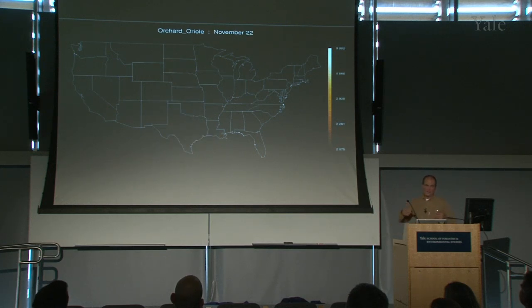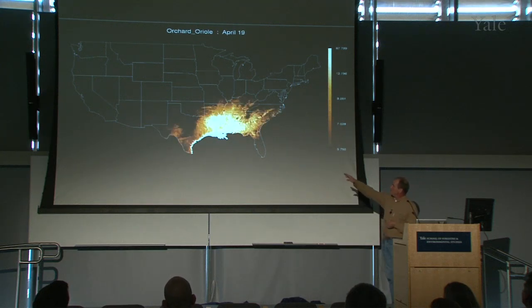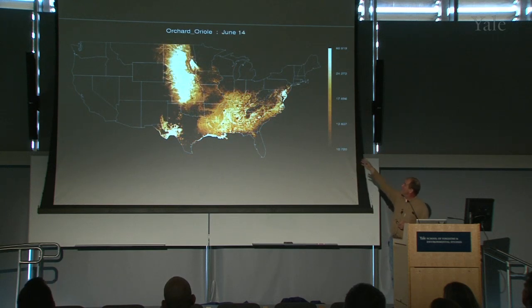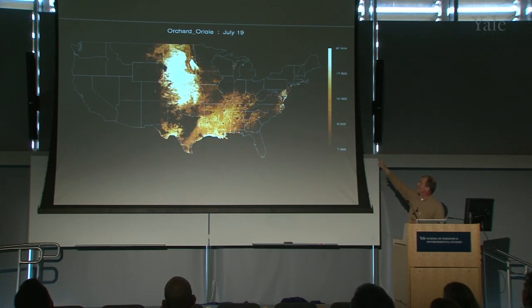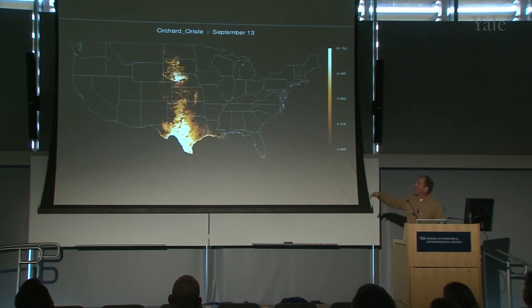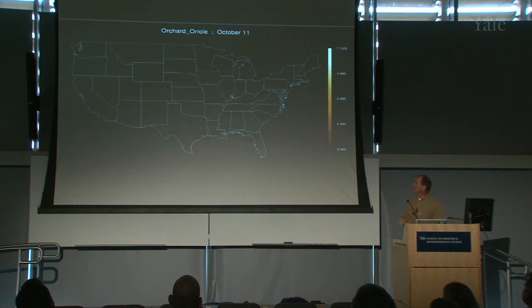So, again, this is a bird that not only winters in Central America, but also in South America. It's a trans-Gulf migrant also, so it appears initially and moves in the Gulf and moves very rapidly up along the East Coast. Then they arrive more gradually in the central part of the country.